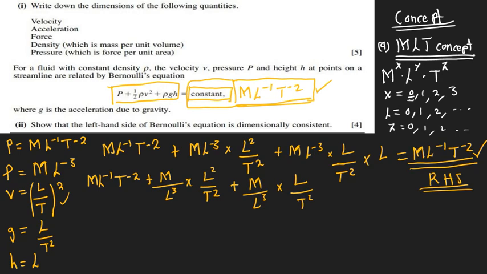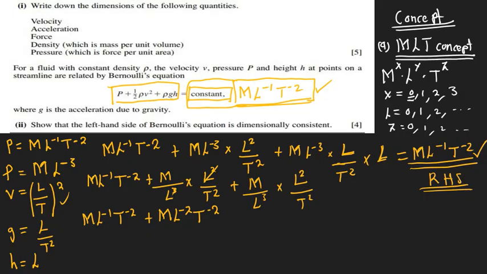Okay, then of course this L here and this L here can multiply to get power 2 like that. So we are going to have M L -1 T -2 plus, then look at this and this guy can cancel. Then we are going to have M, then this L can be written in the MLT as L -2. Then this is going to be T -2.